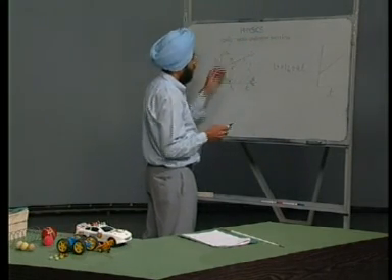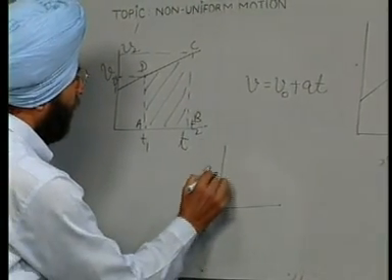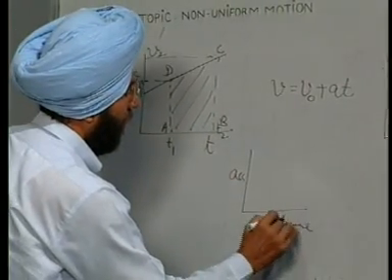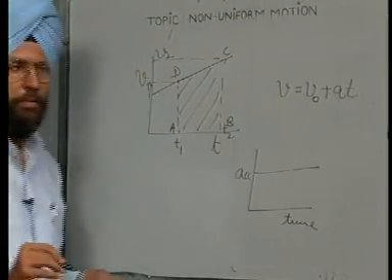Now, in non-uniform motion, we take acceleration as constant. So, the acceleration time graph is parallel to the time axis.